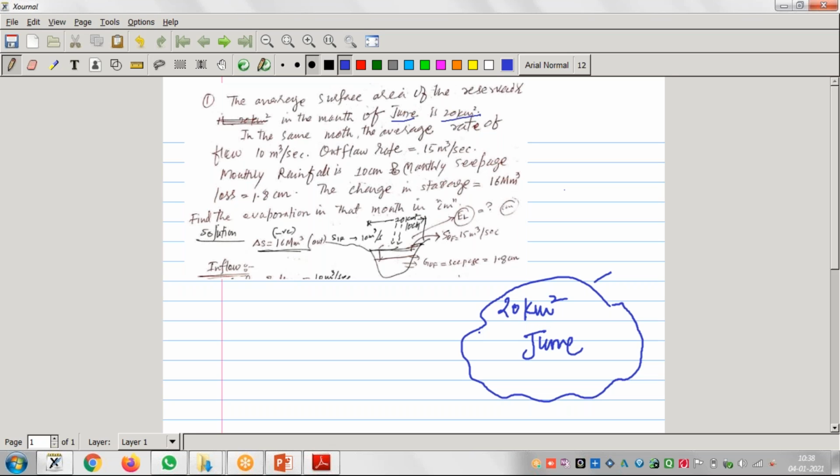So in the same month, the average rate of inflow is 10 meter cube per second, right?